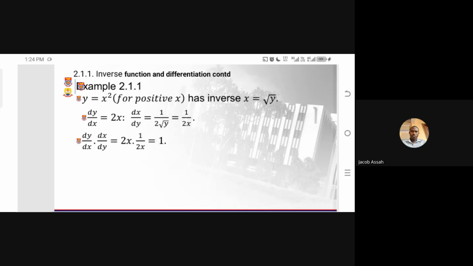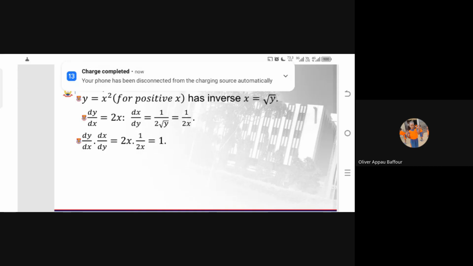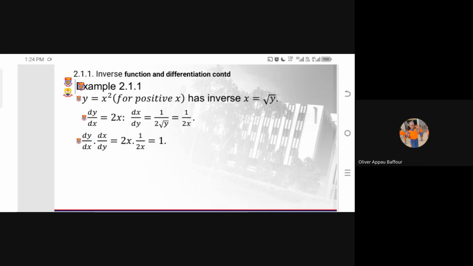What are we getting? What's the inverse of y equals x squared? 2x. Are you sure? I'm saying the inverse, not the derivative. We are having x equals y squared.